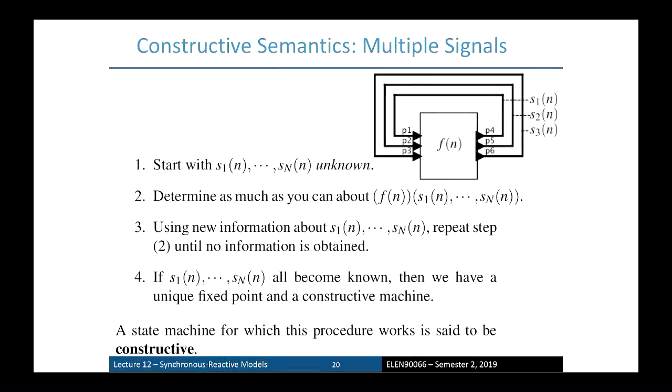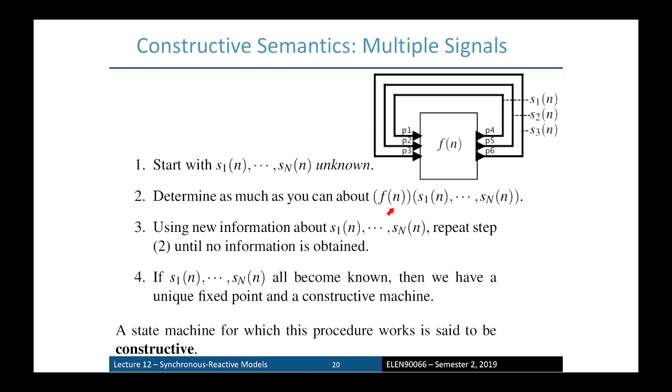But you can do it for compositions of multiple actors where you're pulling out those feedback loops and combining all of those feedback signals into one vector, if you like, a tuple of those things all stacked up. You do the same thing, but it's a bit more of a drag. You start with all of them being unknown, right?